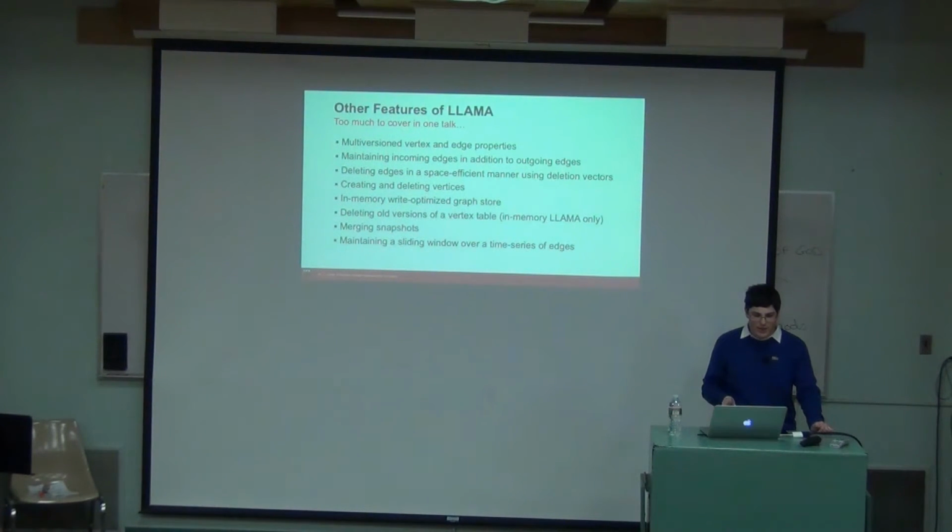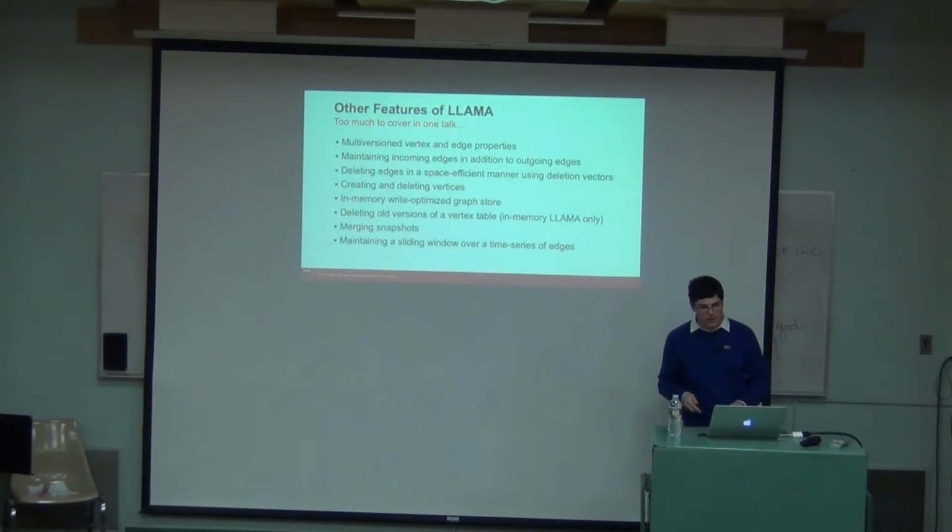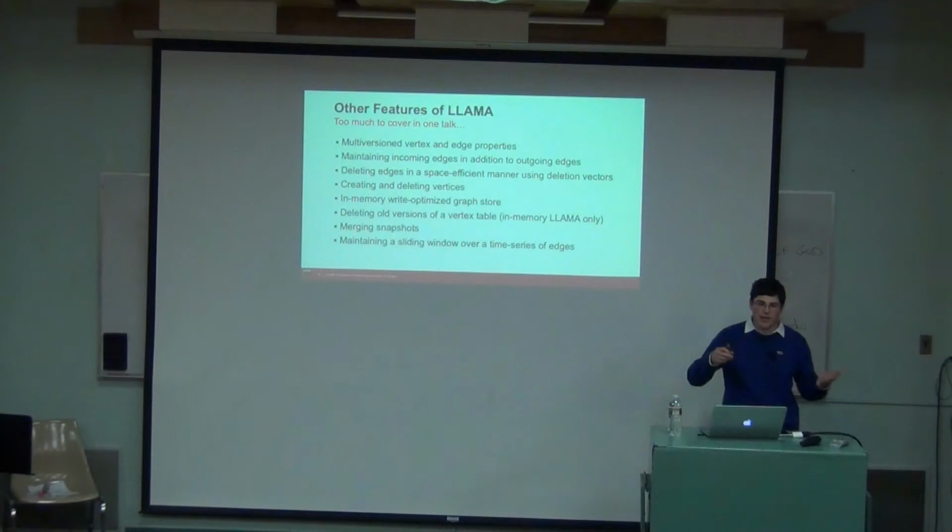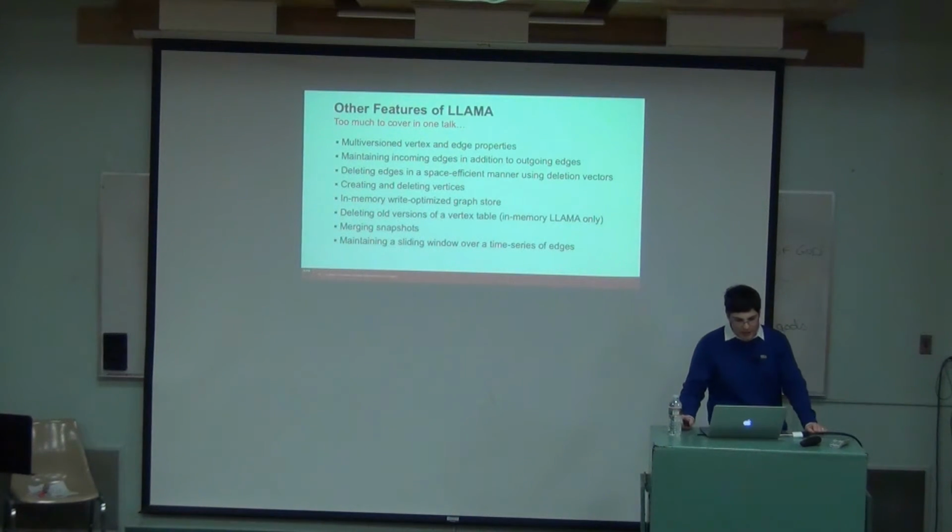You can delete edges in a different way than I mentioned, which saves memory but causes some performance issues. For delete-heavy workloads, we can create delete vertices. We have the in-memory write-optimized graph store. We can delete all versions of a vertex table that we don't need. We can merge snapshots because, as I mentioned, you create new snapshots maybe every few minutes, but then you end up with 60 times 24 snapshots.